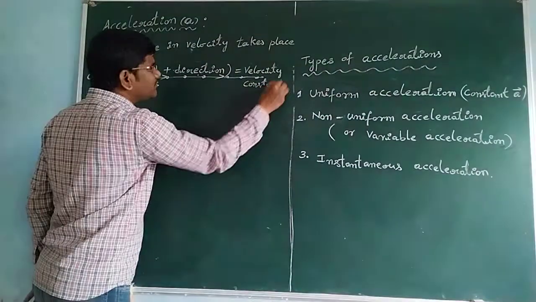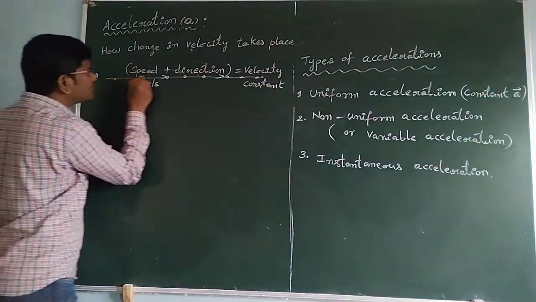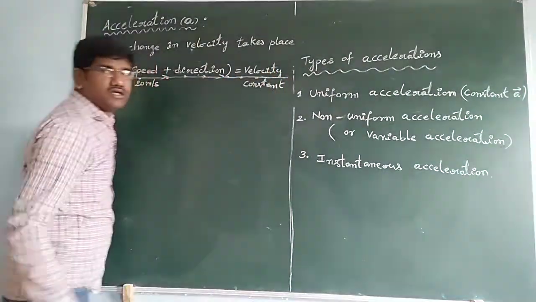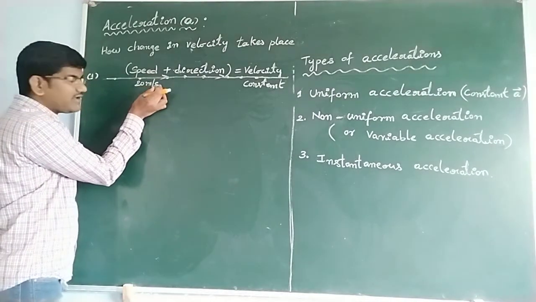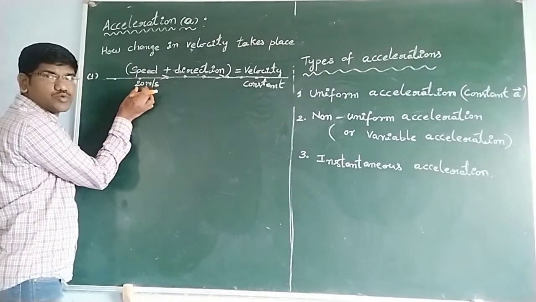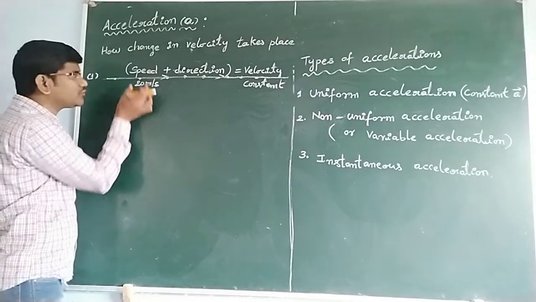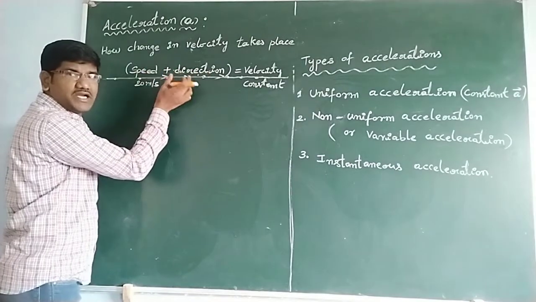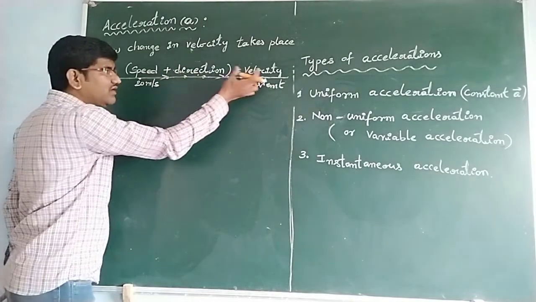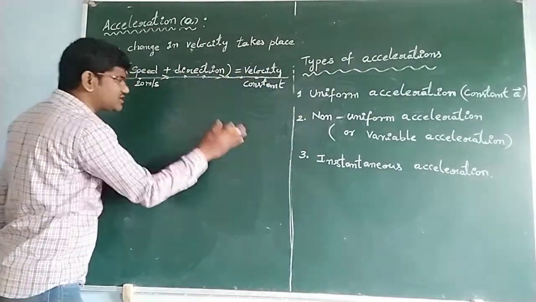Okay students, consider an object moving on a straight line path with a constant speed of 20 meters per second. It means every 1 second it can travel 20 meters on this straight line path. So speed is constant, direction is also constant, speed plus direction, so you will get velocity, and that velocity is constant.